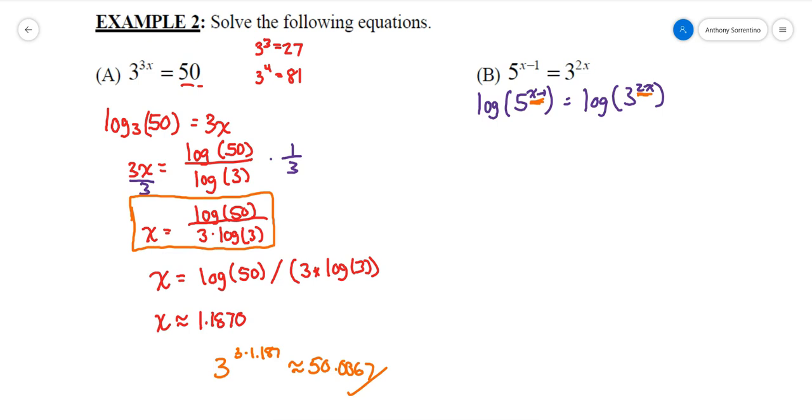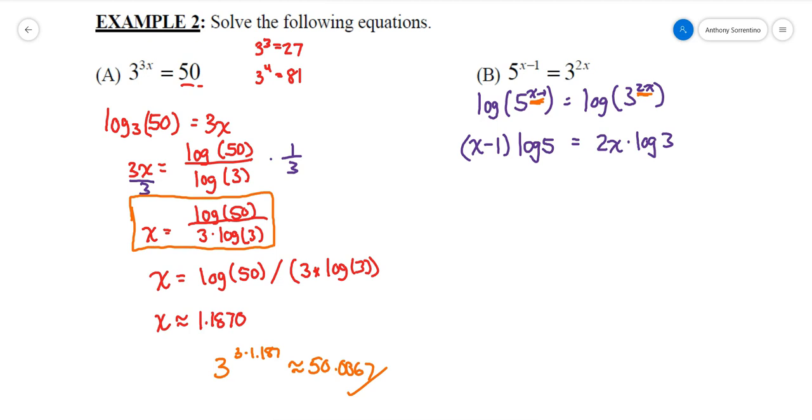The only rule we have that helps us do that is the power property, which says that I can now rewrite this as x minus 1 times the log of 5 equals 2x times the log of 3.